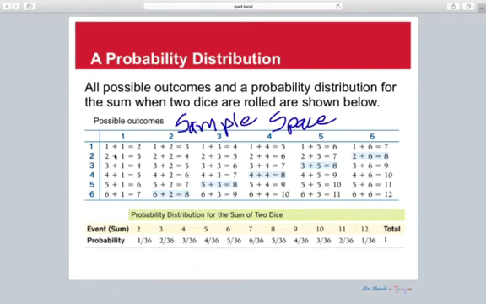In this case, the distribution I'm interested in is the sum. So I'm going to make a row in my table for that event, the sum. And these are the sums that can be had from rolling 2 dice: 1, 2, 3, 4, 5, 6, 7, 8, 9, 10, 11, and 12.